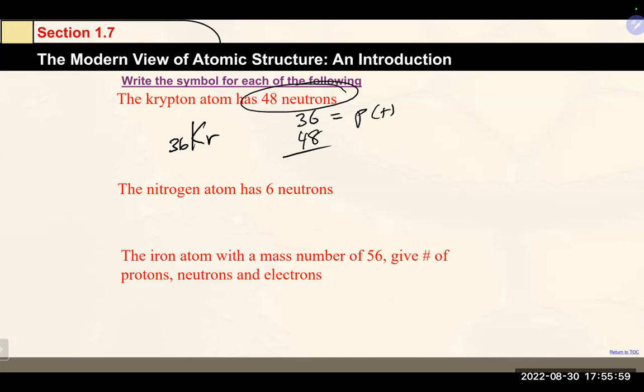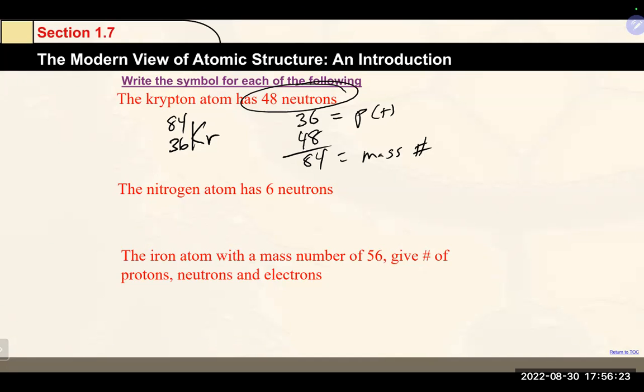So once again, we want to add our protons and neutrons together to figure out our mass number, which looks like 84 when you do that. Any questions on that one there? We obviously could assume it's neutral, as nothing was mentioned about a charge in this particular case.